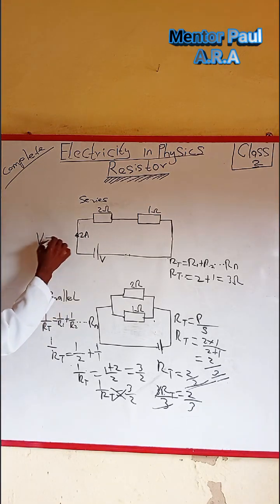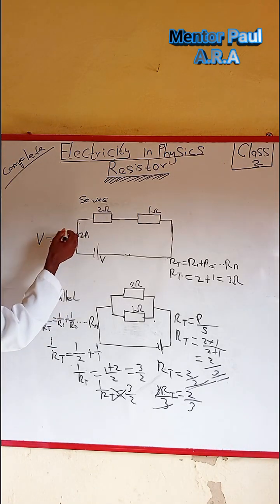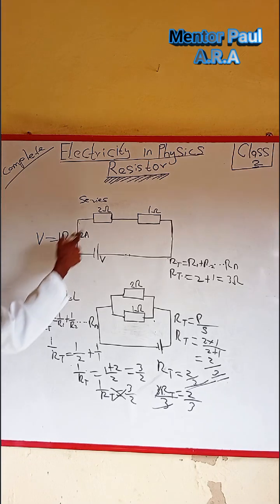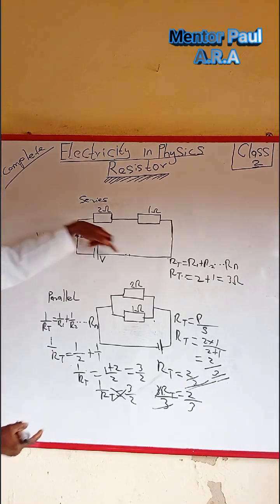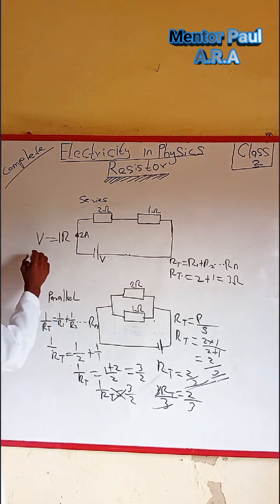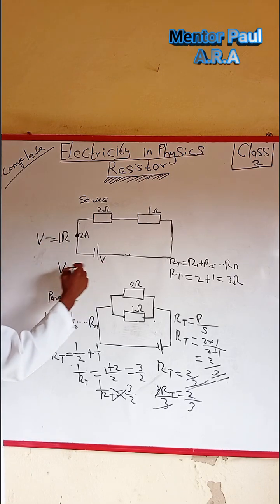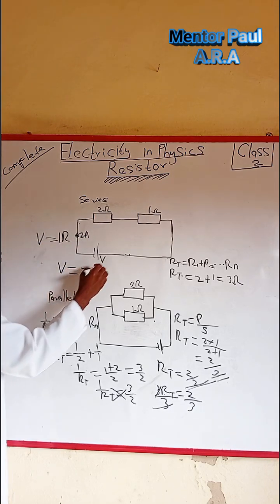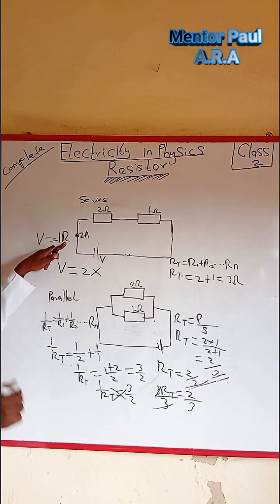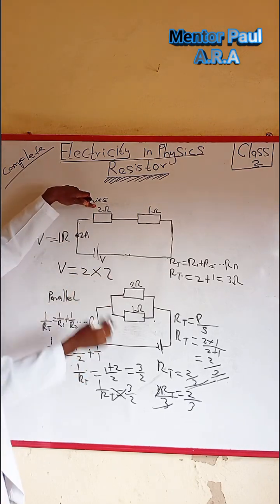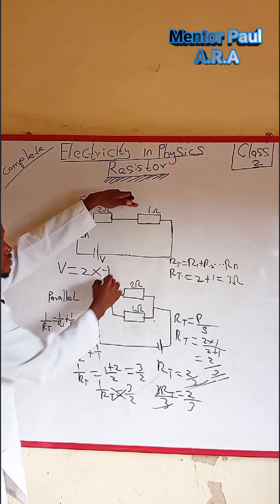The voltage we know is V equals I, which is current, multiplied by R, which is resistor. Now the essence of knowing this formula is that if I say the voltage V is equal to I, which is 2, multiplied by the resistor, I'm not going to use 2 as the resistor or 1 as the resistor.